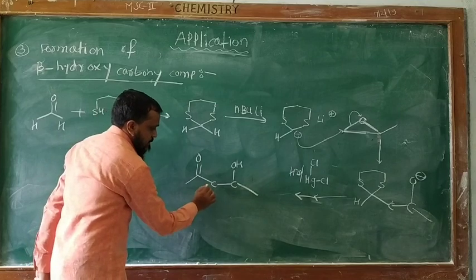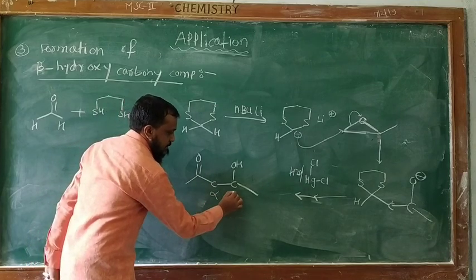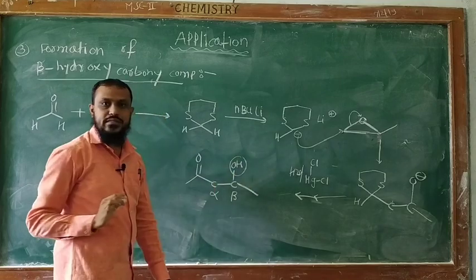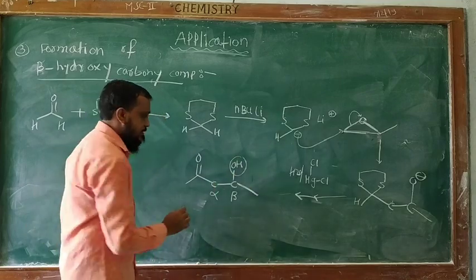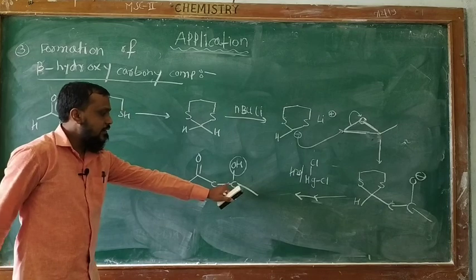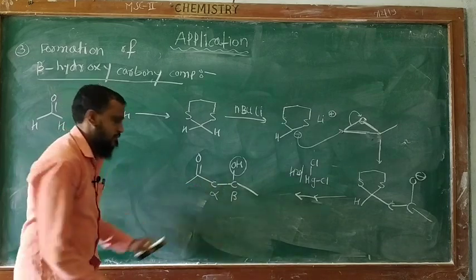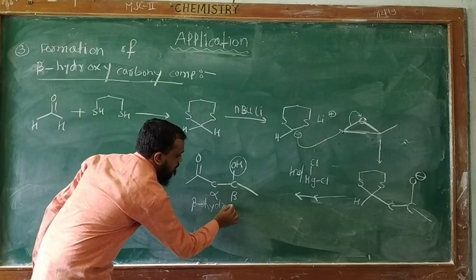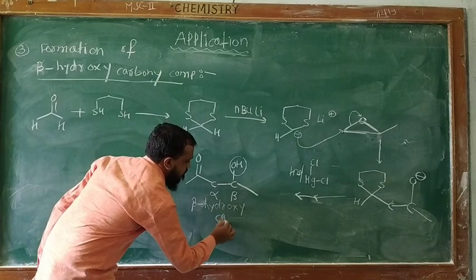This is the alpha carbon atom, this is the beta carbon atom, and at beta position a hydroxyl group is present. So it is called beta-hydroxy carbonyl compound.